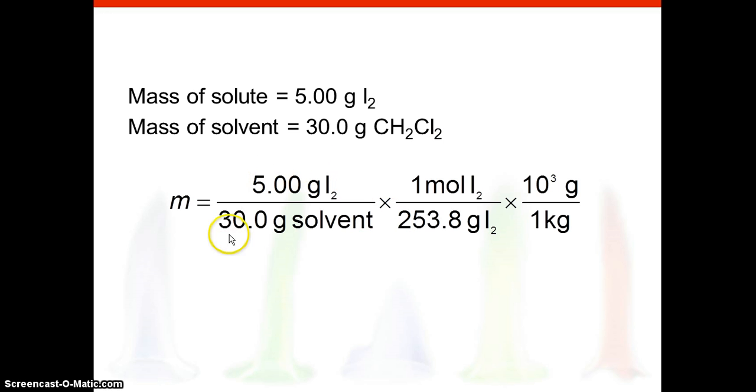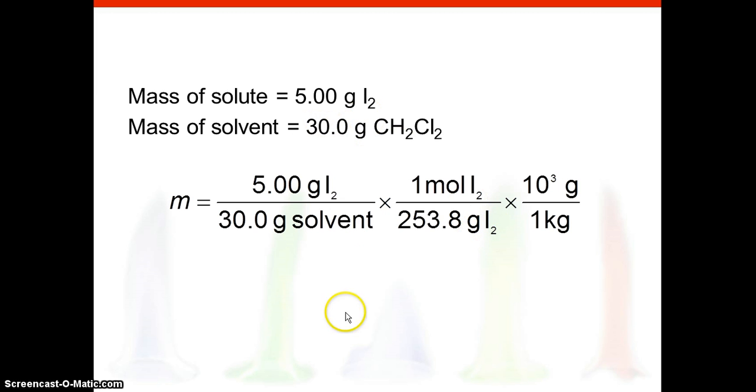So first we need to convert iodine to moles: 5 grams divided by the formula weight, 253 grams of iodine. That's the formula weight of iodine.